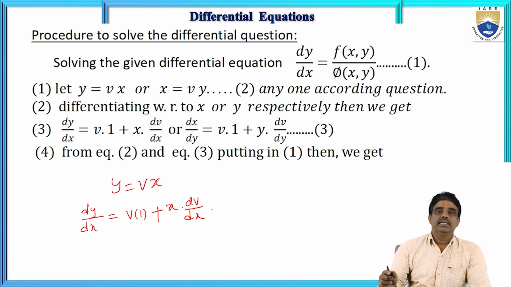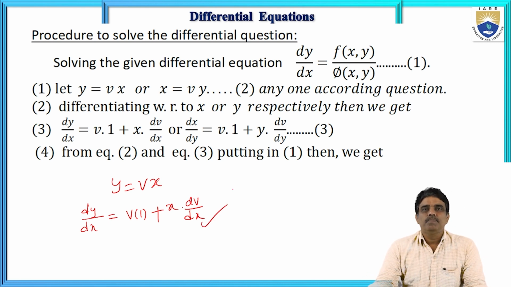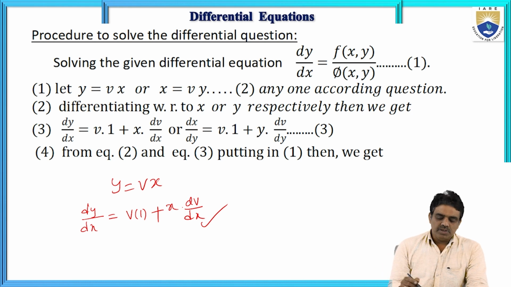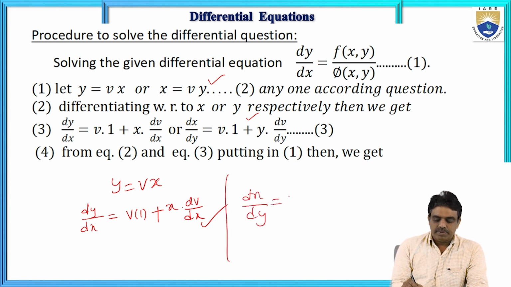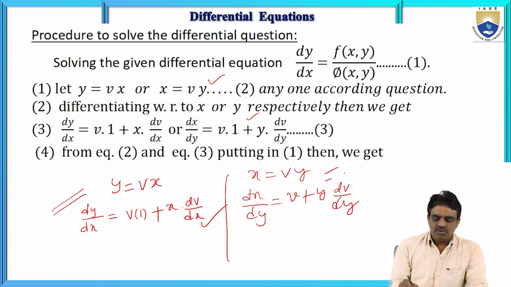So you have to replace dy by dx by v plus x into dv by dx. Suppose you take x is equal to vy, then what will be dx by dy? It will be v plus y into dv by dy. So based on the given problem we can use either the substitution y is equal to vx or x is equal to vy.